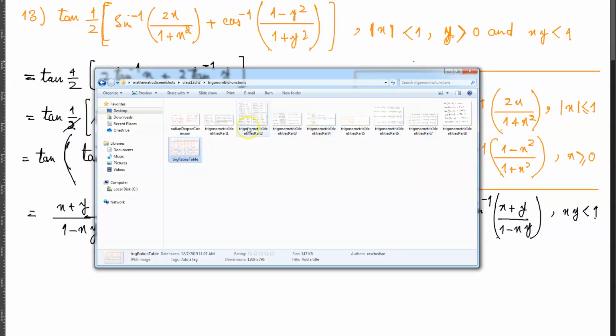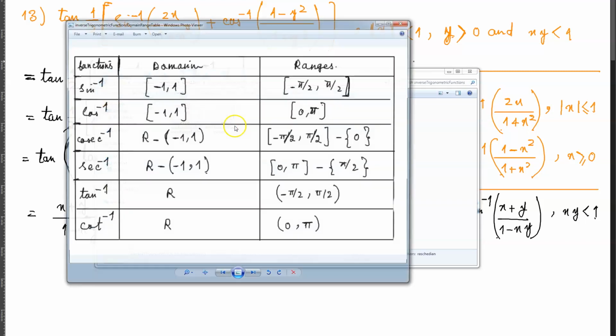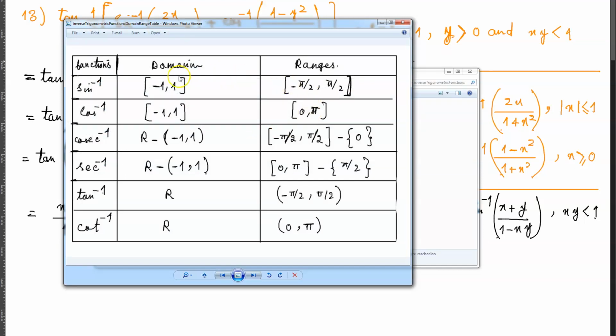So this is everything that you need to know, starting from class 6 all the way up to class 11. It's really not much. It's really nothing. And when it comes to the inverse trigonometric functions, all you need to know is these domains and these ranges. Of course we talked about how you can put a limit on the domain of the function so that you get the range, and so on and so forth.